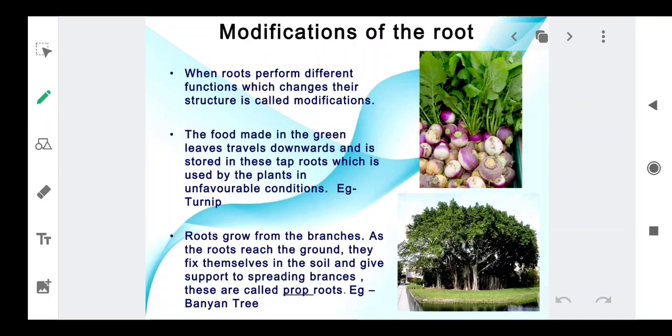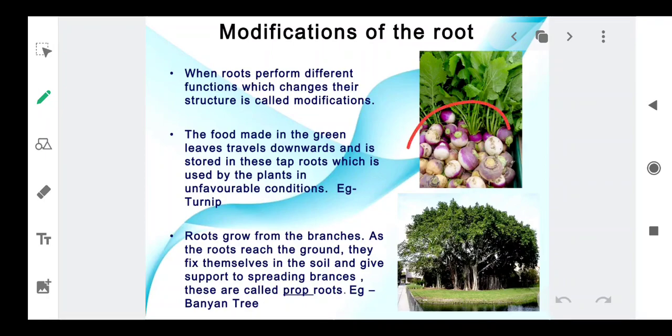Now modification of root. Now how the roots are modified, we can see that when roots perform different functions which change their structure, it is called modification. What does modification mean? The root is changing its shape and structure for different functions. The food made in the green leaves travels downward and is stored in this taproot, which is used by the plant in unfavorable conditions. Example, turnip.